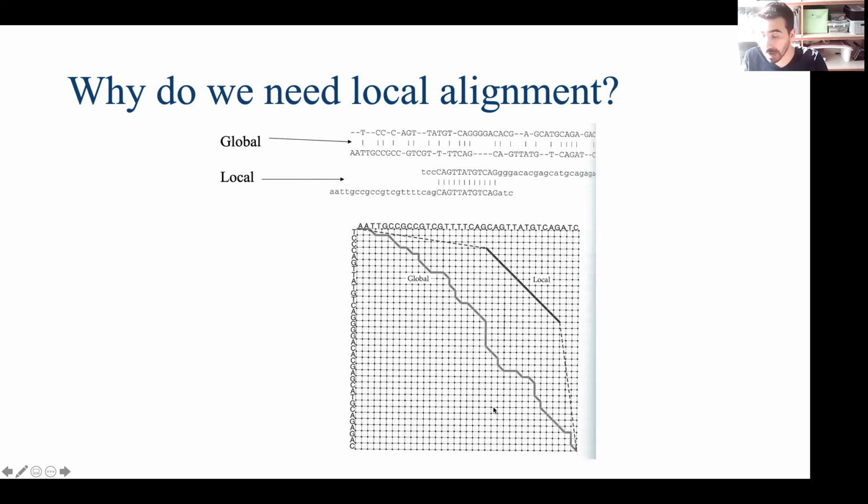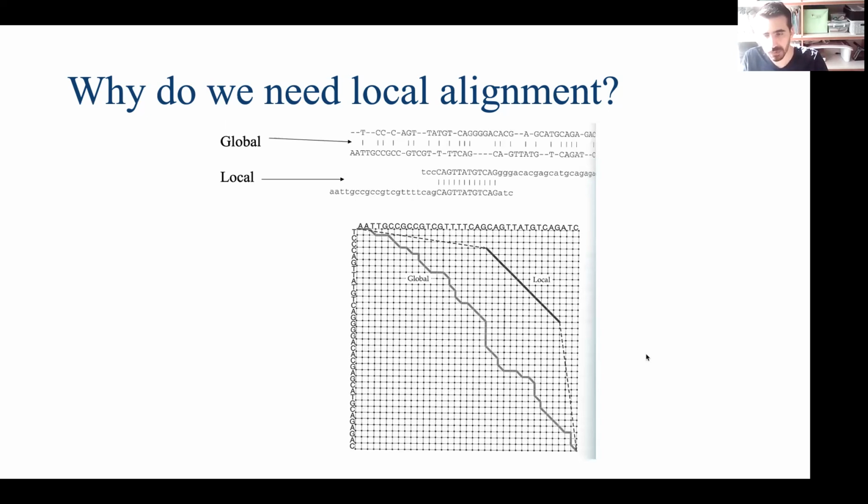They are useful, but for detecting homology, we have to use local alignment. However, if we are sure about the entire length homology between 2 genes, then feel free to apply global alignment. It doesn't hurt. But this is an important example of showing the difference between global and local alignment.